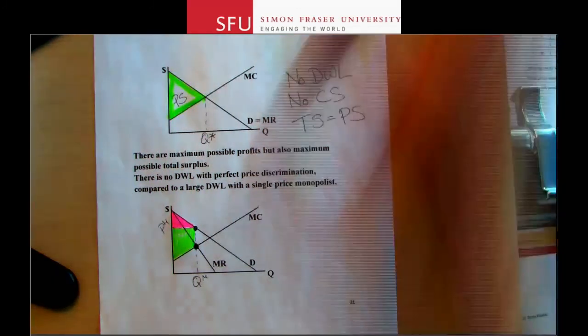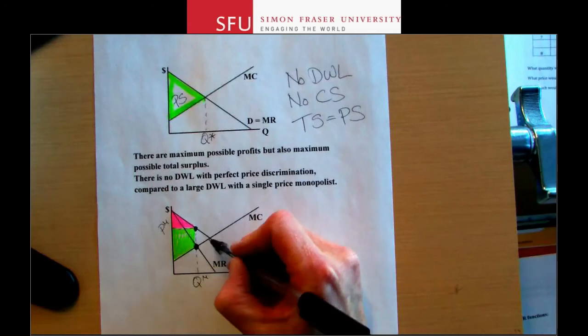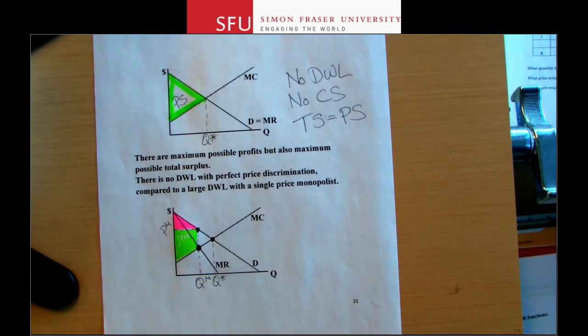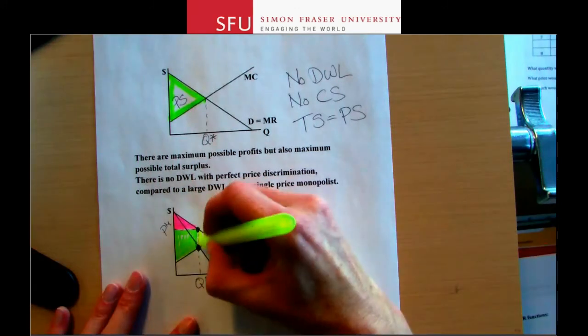But then there would be deadweight loss because this quantity that's being produced by the monopolist is less than the efficient quantity. The efficient quantity is over here, Q star, and so then there's deadweight loss.